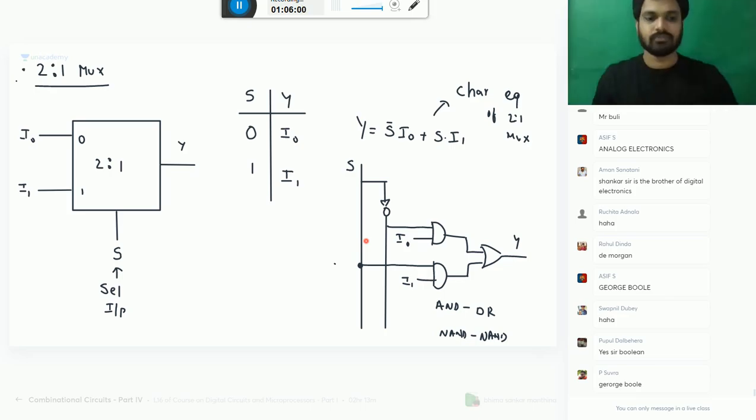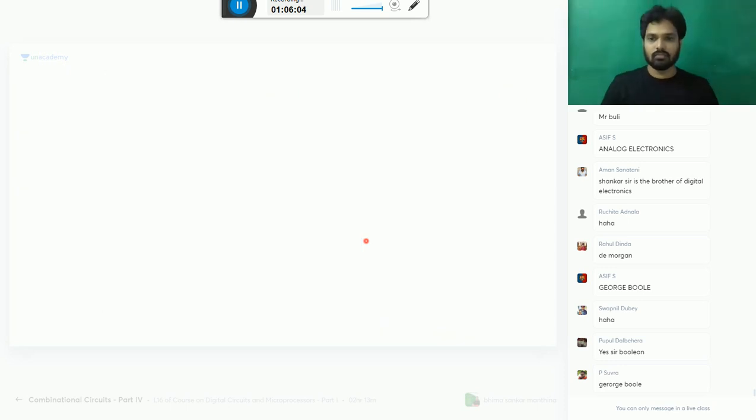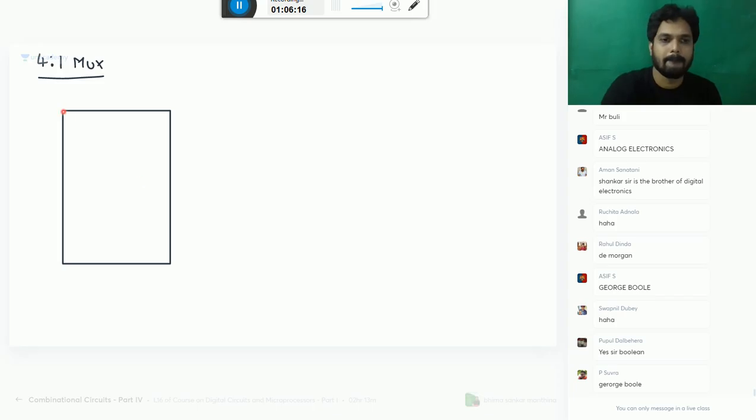Next, the four by one mux. You have the 4 inputs 0, 1, 2, 3 and 2 selection inputs. I will give the names S1, S0.